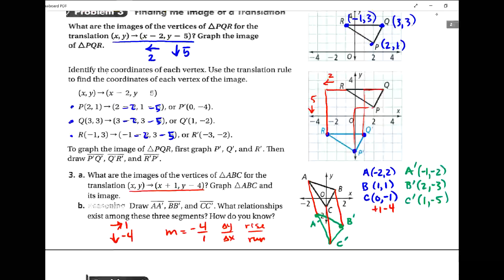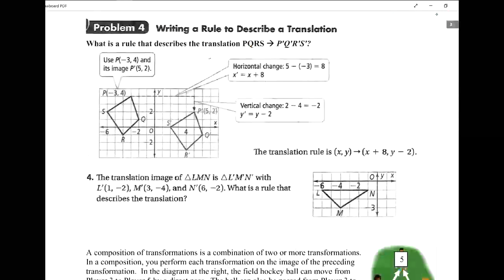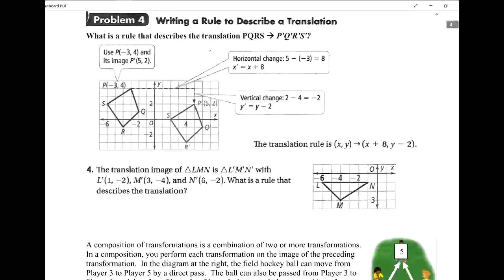All right, what's next? Oh, writing a rule for your translation. So we want to write a rule that describes the translation PQRS to its image P prime, Q prime, R prime, S prime. Well, first we need to figure out, how do we get from one point to the next? We take point P, and we need to get over here to P prime.